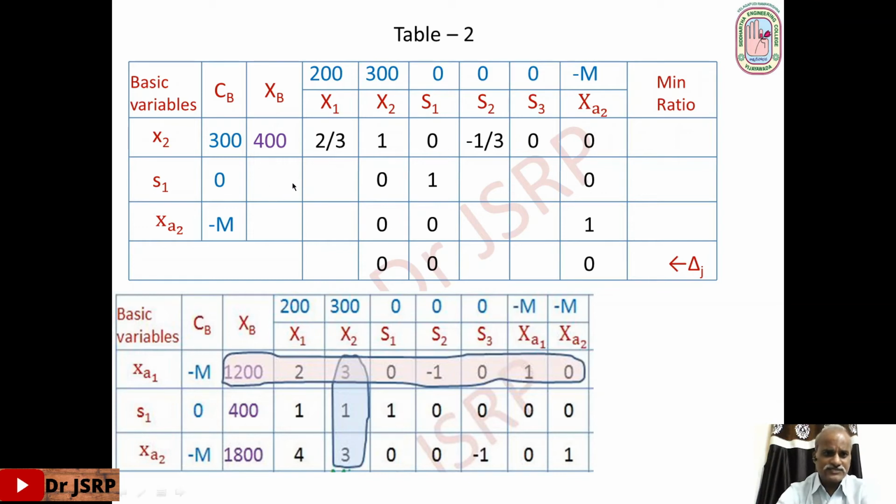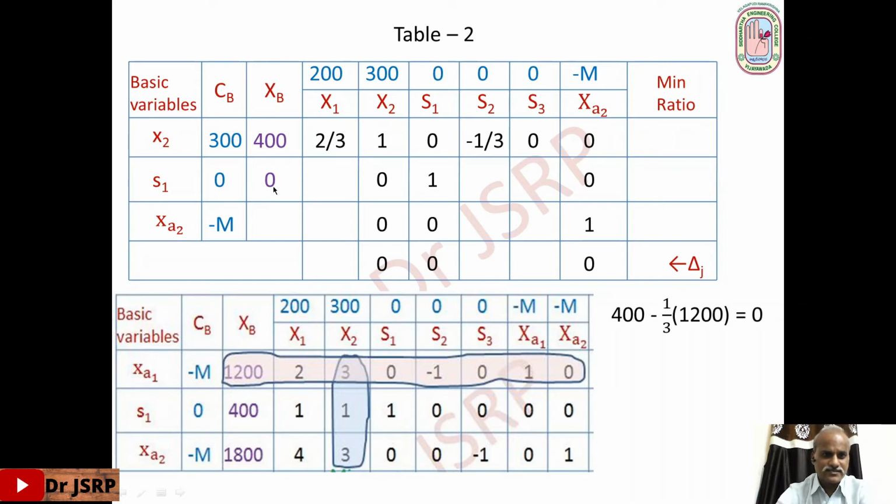To calculate this value, the present value is 400 minus the pivot column element 1 by the pivot element 3 into the pivot row element 1200. See here, 400 minus 1 by 3 into 1200. So 400 minus 400, 0.